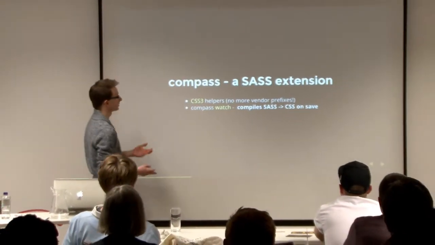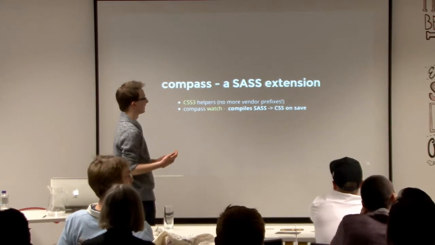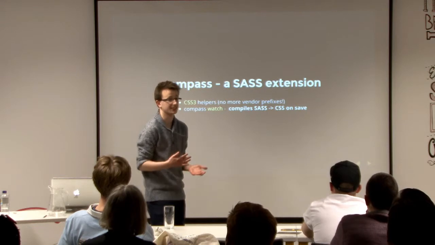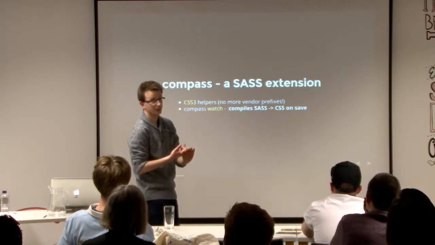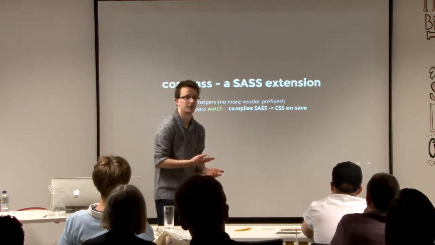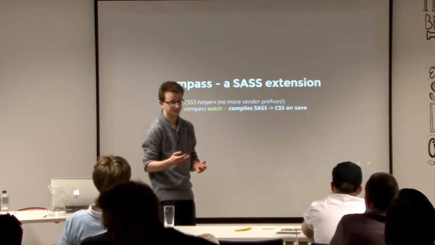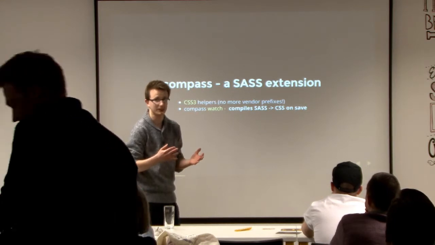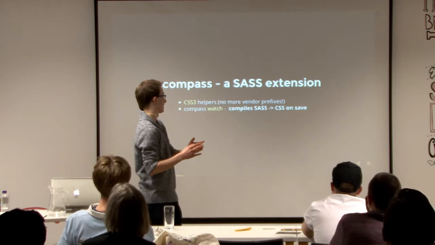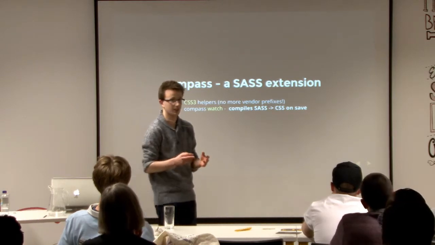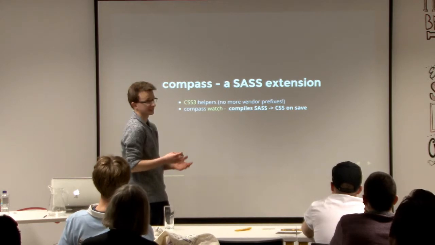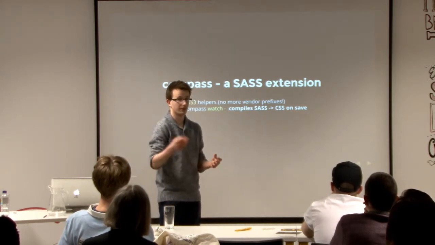Okay, so talking about these sort of mixins and helper things, if you're going to use Sass, you might as well use Compass, which is basically a Sass extension. There are 2 main things for me that it does. It comes with a bunch of helpers for you, a lot of CSS3 stuff. I've been doing a lot of mobile applications for medical and pharmaceutical stuff over the last 18 months on a part-time contract, and a lot of the designs seem to come with gradients on them.